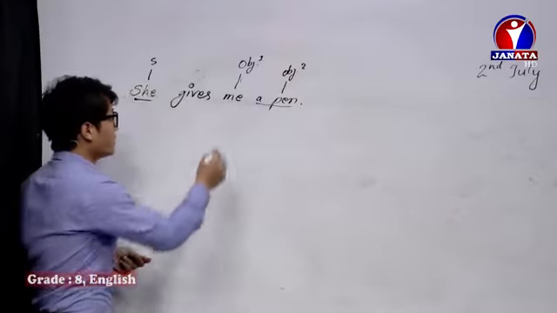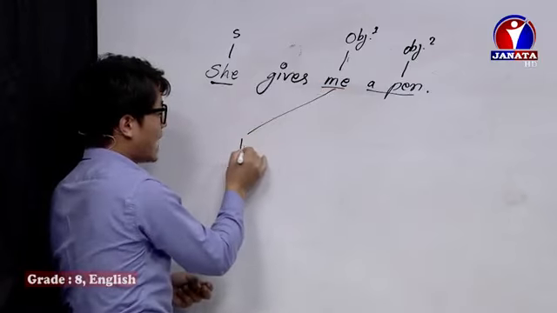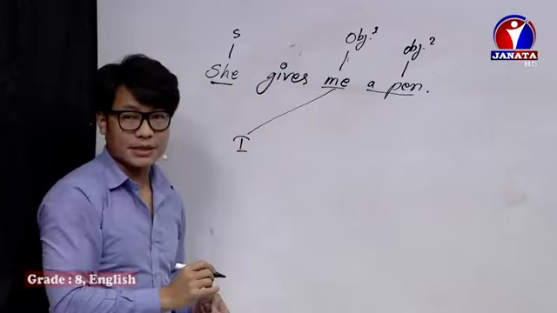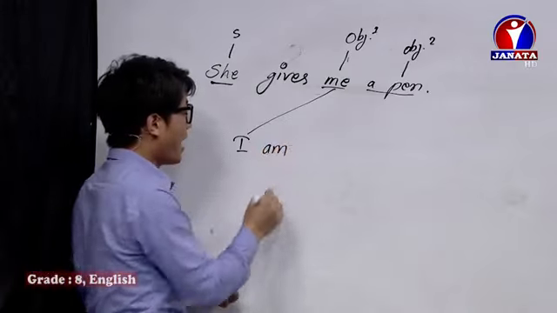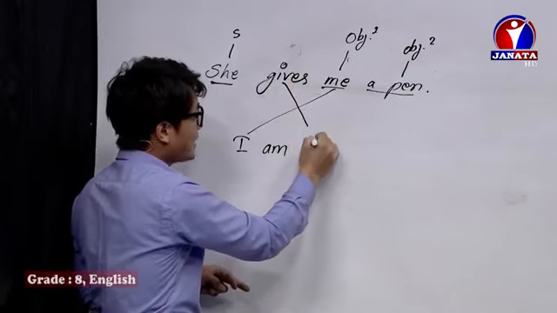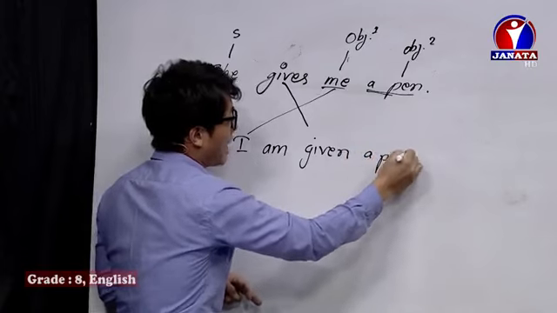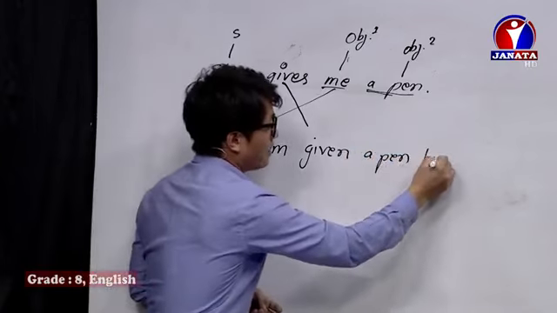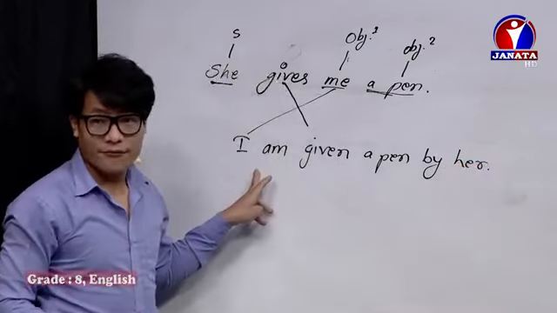Let me use the first object first. So when me comes first, it becomes I, and this is simple present, so obviously am. So here should be I am. So verb 3 of give is given. Given by whom? By her. This is the use of the first object.